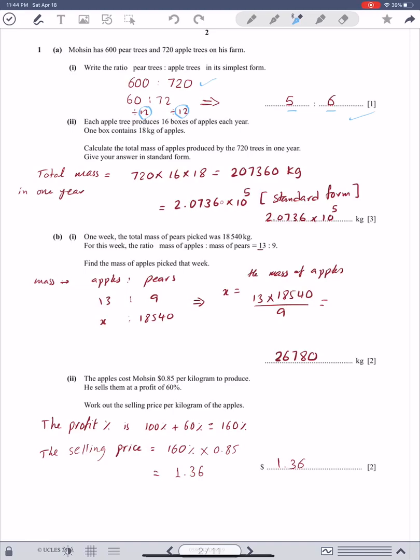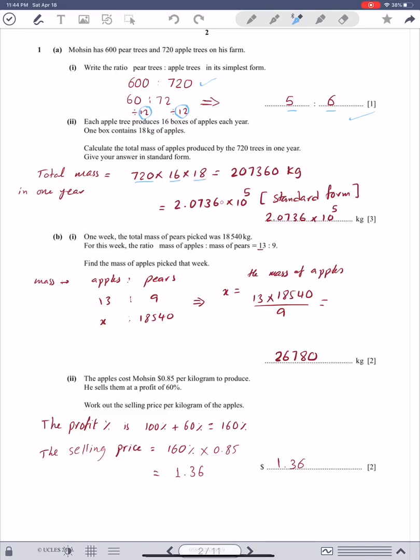Part 2, each apple tree produces 16 boxes of apples each year. One box contains 18 kilograms of apples. Calculate the total mass of apples produced by the 720 trees in 1 year. Give your answer in standard form. So the total mass in 1 year, we have 720 trees, each tree 16 boxes, so you multiply.